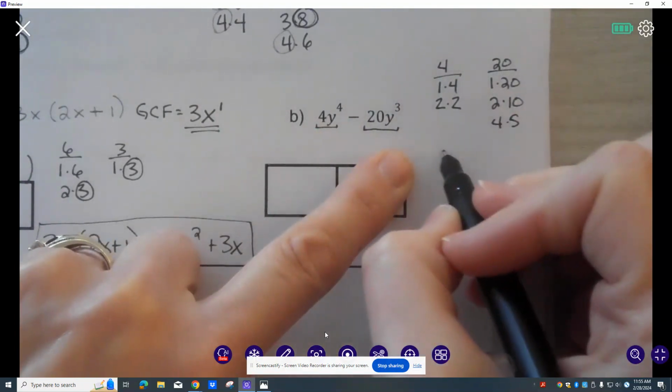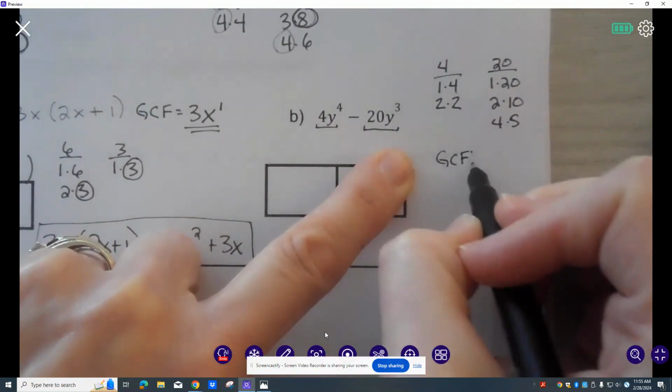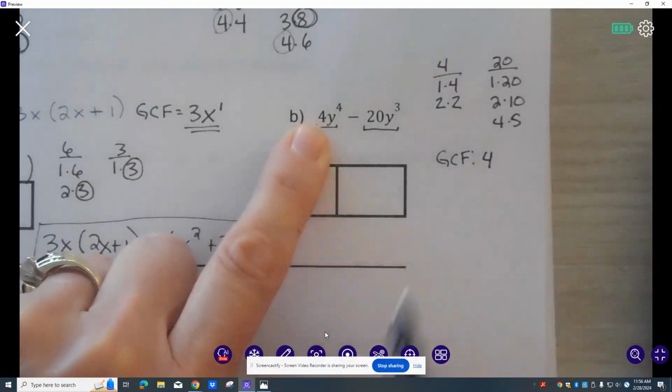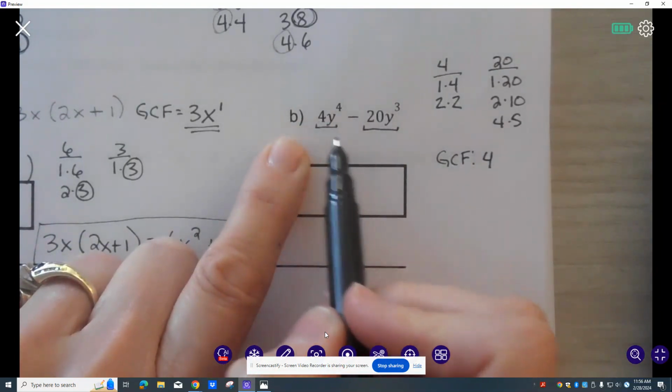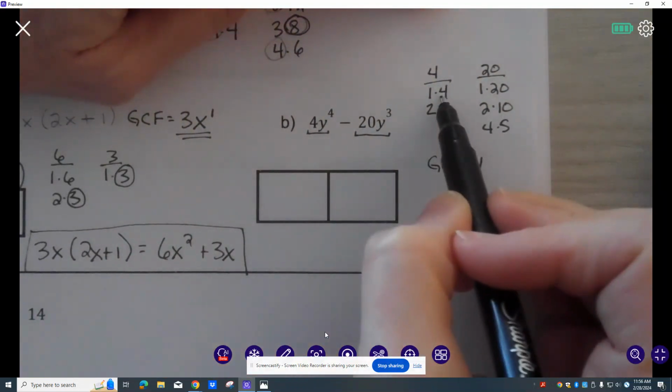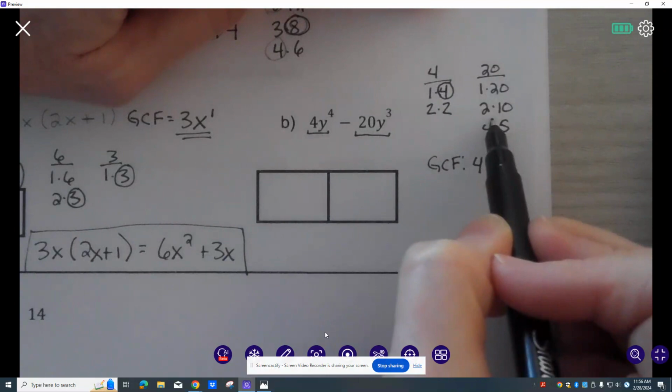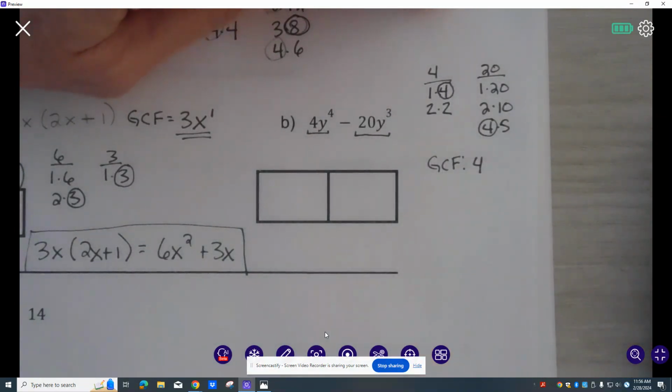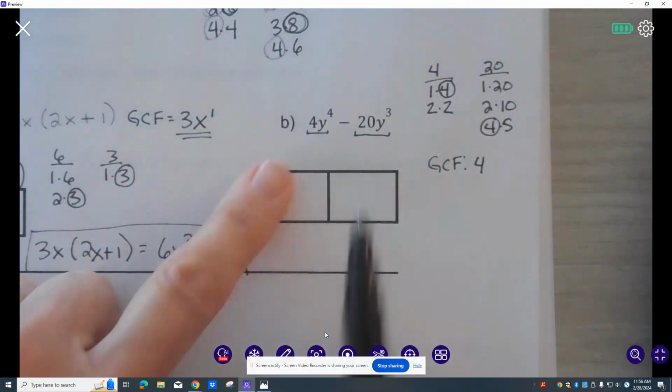That tells you that your greatest common factor will be that 4, because 4 divides into 20 evenly. And if we look over here at our factor list, the greatest common factor that we find over here is 4. So that's just a little shortcut.